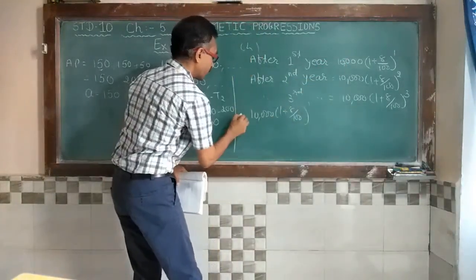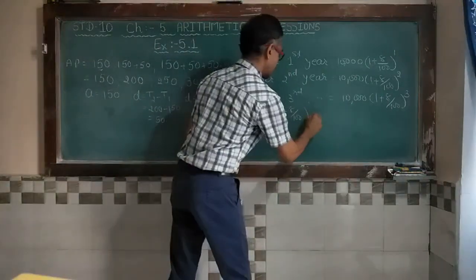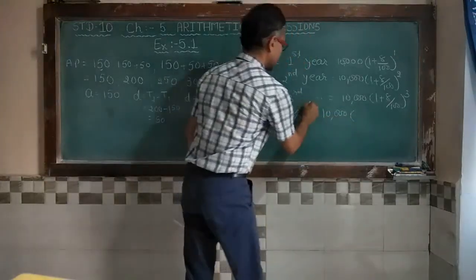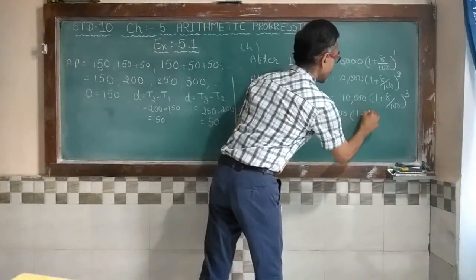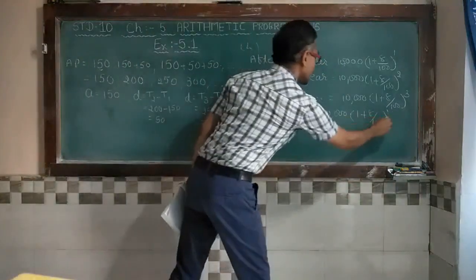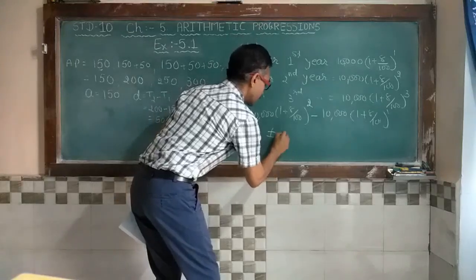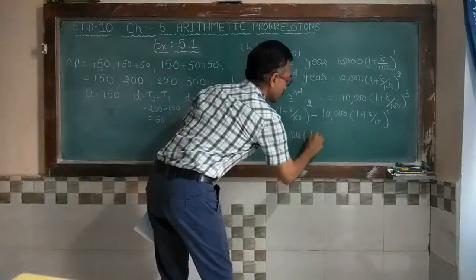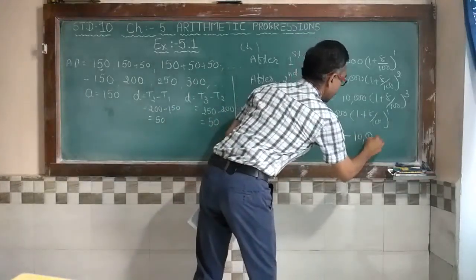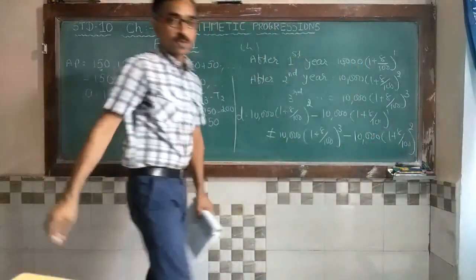If you are finding D, common difference, 10,000 into 1 plus 8 upon 100 raised to 1 is not equal to, see here, 10,000 into 1 plus 8 upon 100 raised to 3 minus 10,000 into 1 plus 8 upon 100 raised to 2.